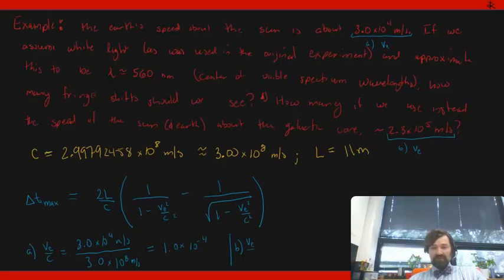So V earth over C becomes 2.3 times 10 to the 5 meters per second divided by 3.0 times 10 to the 8 meters per second. That ends up being about 7.7, 7.67, something like that, 7.7 times 10 to the minus 4. So that's what we're plugging in to this equation for each of these two.